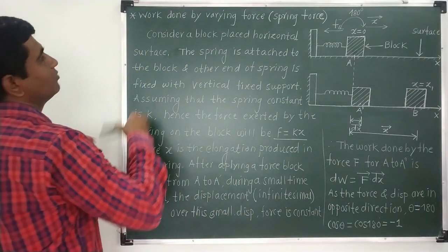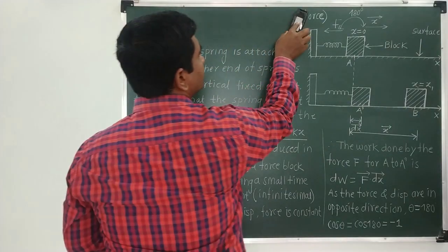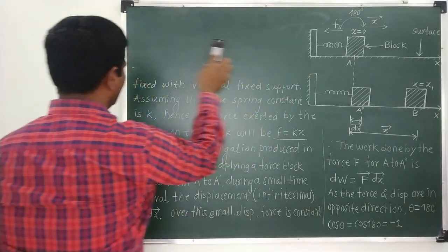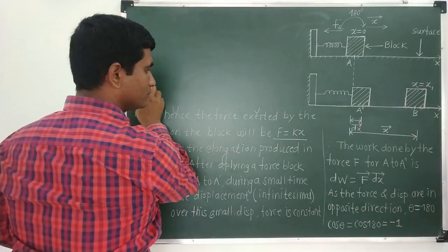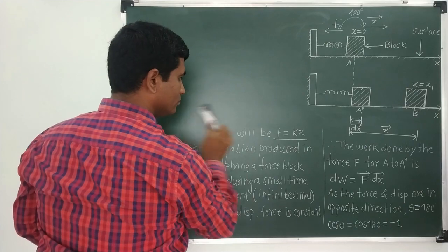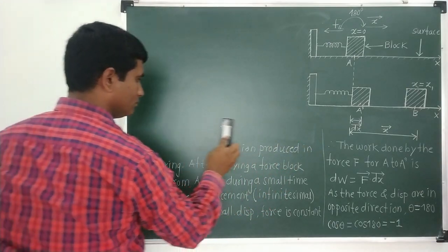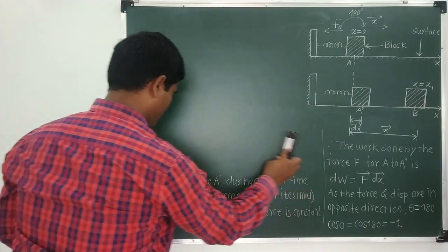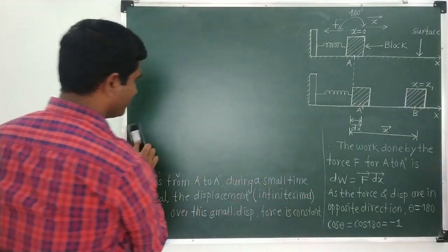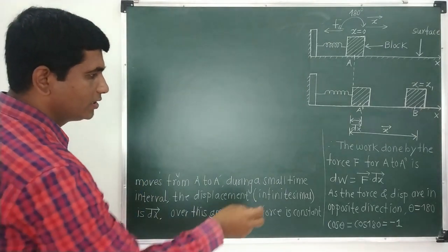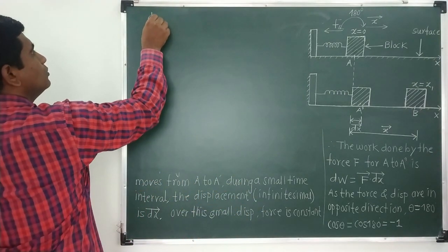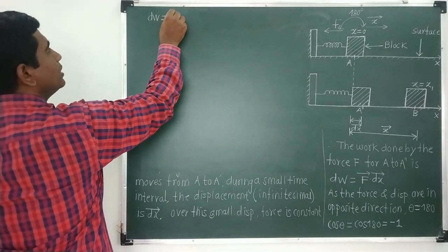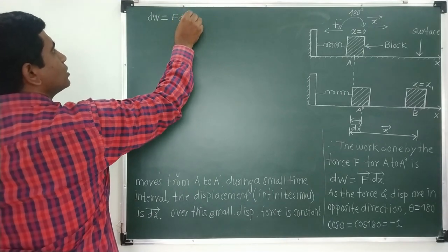So what I'll do now, I'll just write down this work done. I'll just erase this part. Now I'll just write the work done. dW is equal to force, it is F dx cos theta.